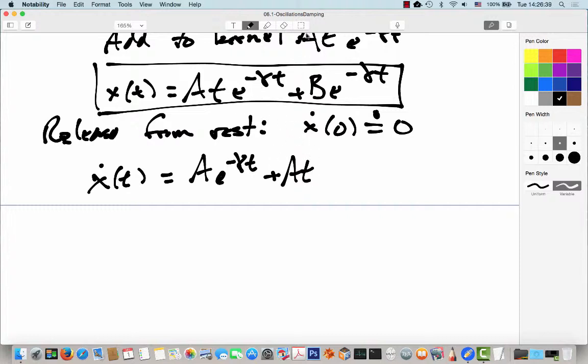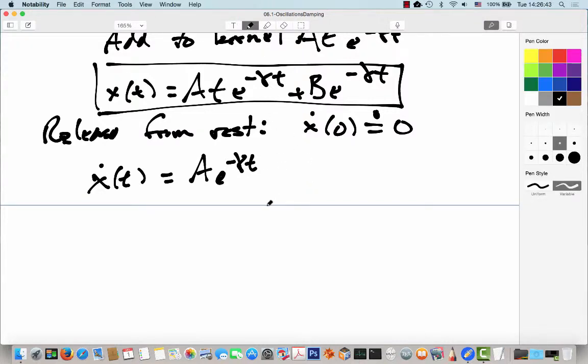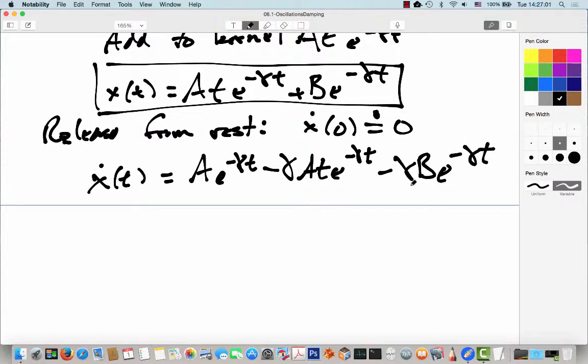This can bring down a minus gamma, so this will be minus gamma a t e to the minus gamma t. Then we're going to have a similar term from the b, minus gamma b e to the minus gamma t.